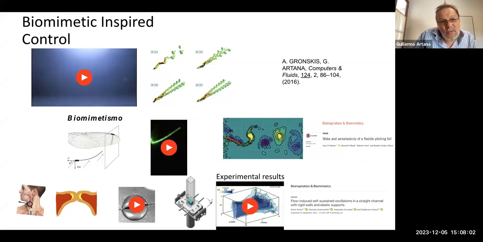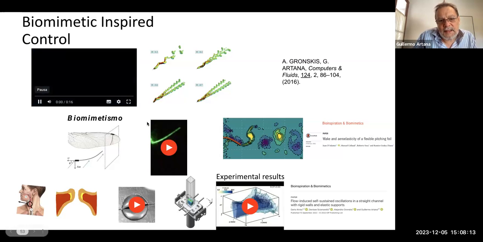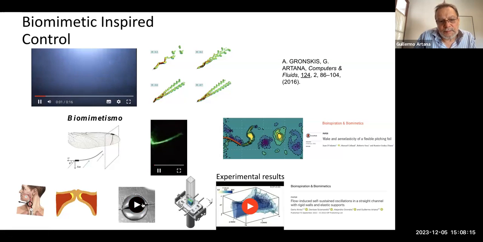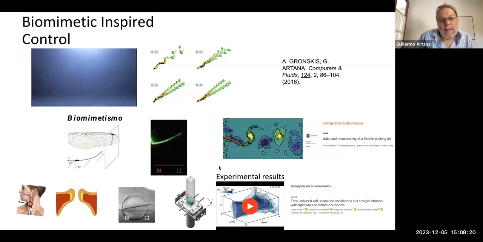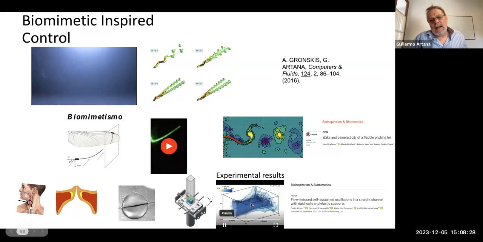And as we have been working for some time on biomimetic inspired flow control, I passed over this one, but we have worked with leeches, the swimming of leeches, the flapping of foils related to flying, and glottal flows.